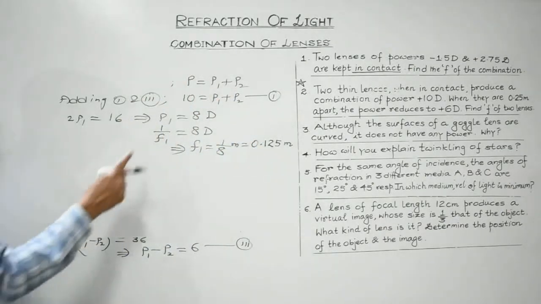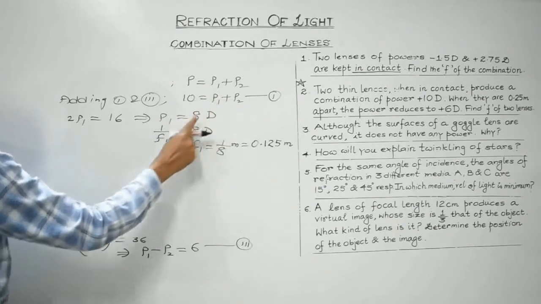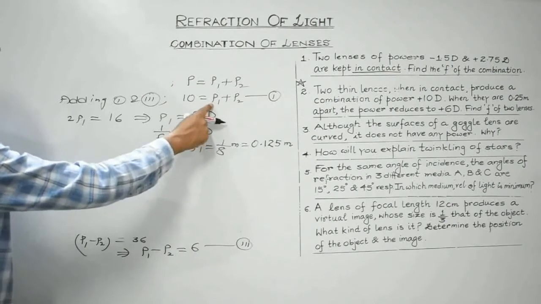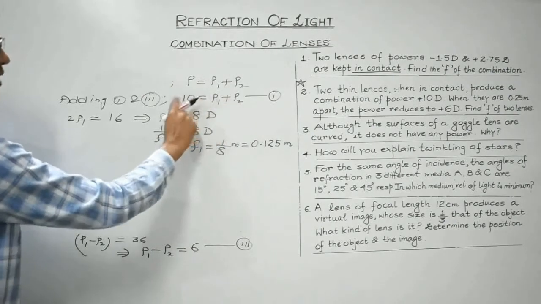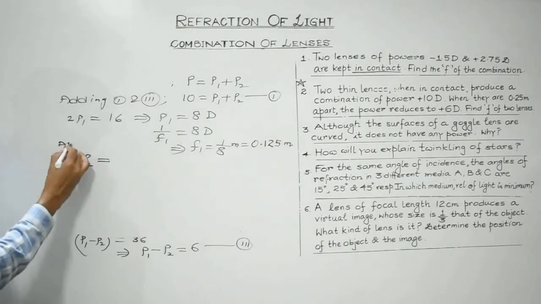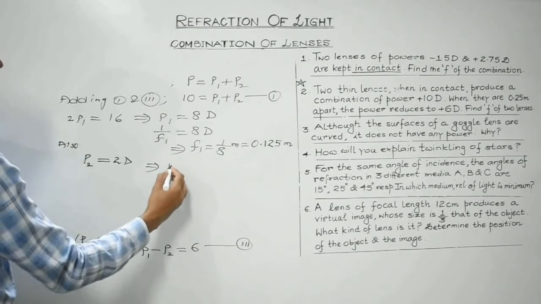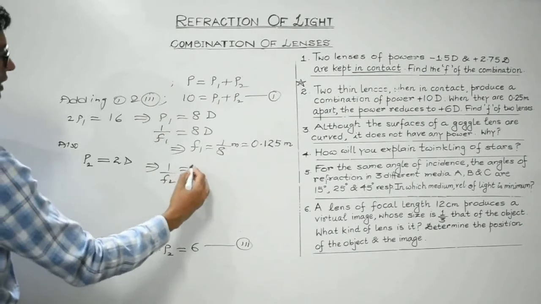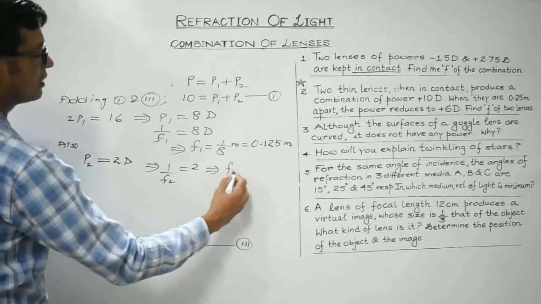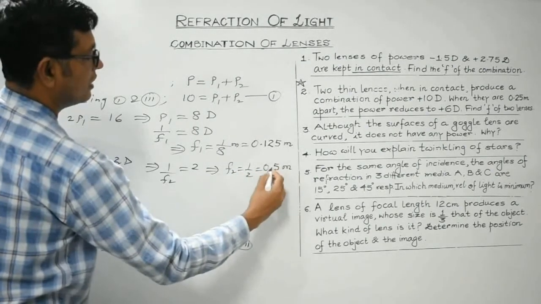Now, if P1 is equal to 8 diopter, then P2 would be 10 minus 8, that is 2 diopter. P2 is the reciprocal of the focal length of the second lens, which further implies that F2 equals 1 by 2, that is 0.5 meter.